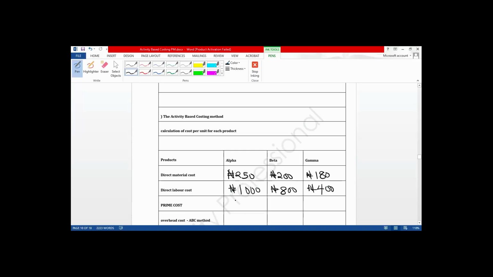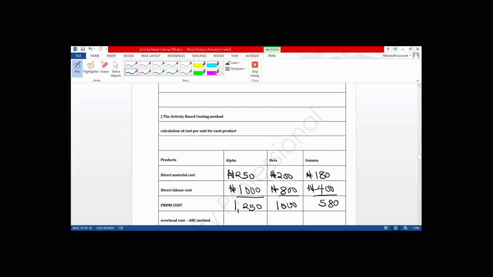Then your prime cost, summation: this is 1,250, 1,000 naira, 580.